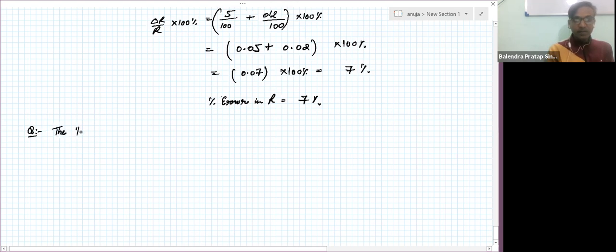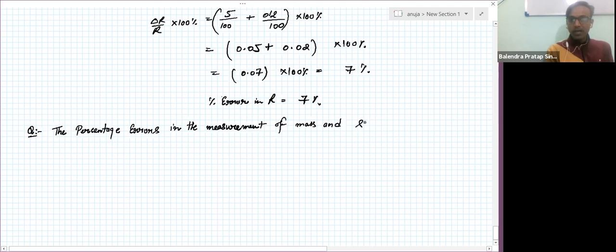The percentage errors in the measurement of mass and speed are 2% and 3%.